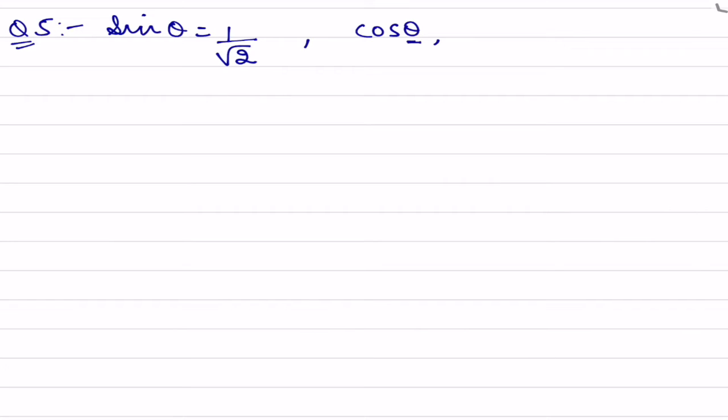They can give you cos A, cos B, cos theta, cos phi, whatever. So you have to remember this is one of the notations of the angle. So we have to find out cos theta, tan theta, cosecant theta, secant theta and cot theta.